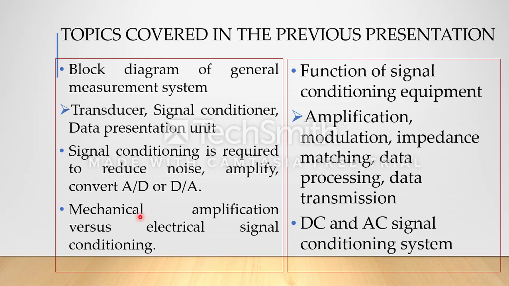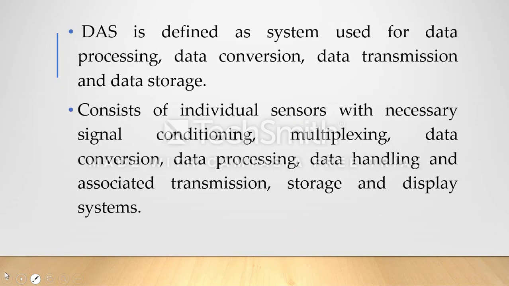The main difference is that there is one block in the AC signal conditioning system which we don't have in the DC signal conditioning system. So I leave it to you to go through the previous presentation which I had given.